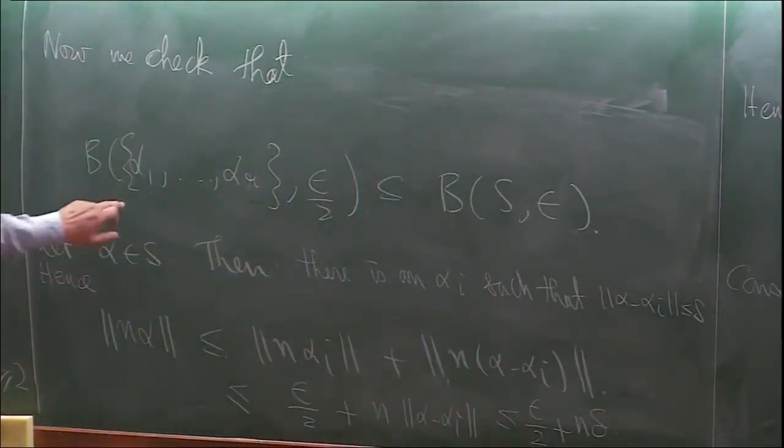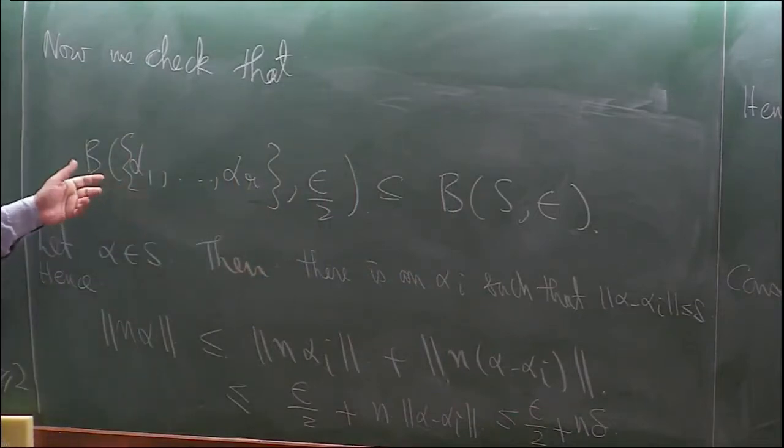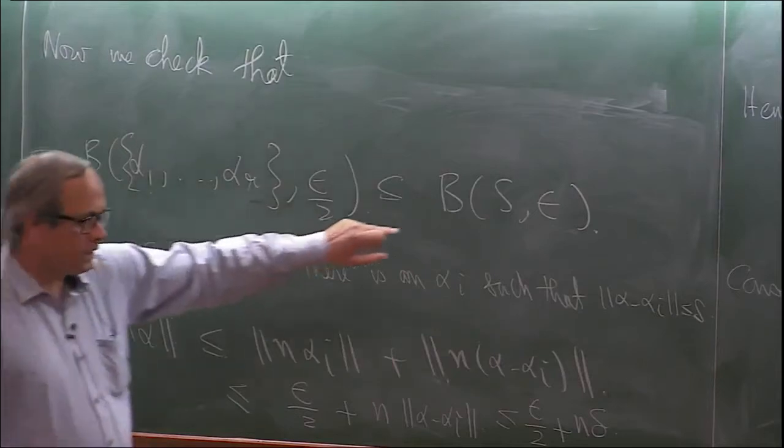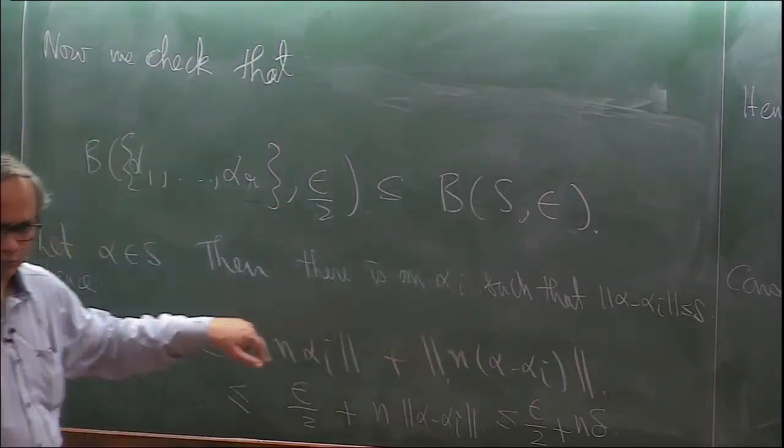Okay, but n belongs to this Bohr set. In its definition, there is also a size estimate for n, namely that n is less than epsilon capital N by 2.